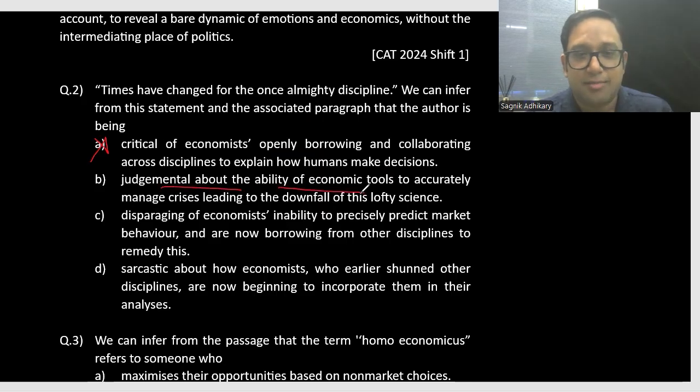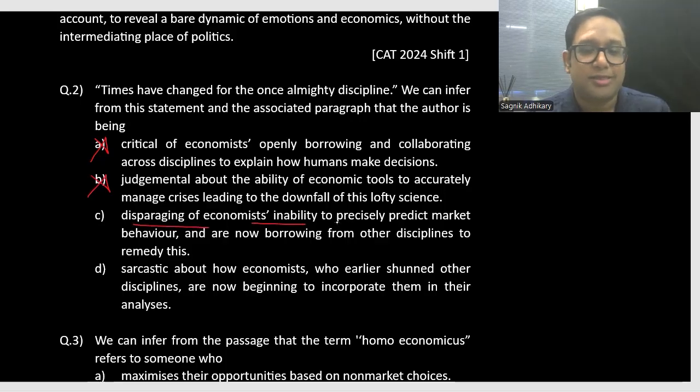B says judgmental about the ability of economic tools to accurately manage crises, leading to the downfall of this lofty science. The economic tools, their ability to manage crises, leading to the downfall, none of this is mentioned in that paragraph. The core idea is that now economists are letting economics be influenced by other fields. So again, B is incorrect.